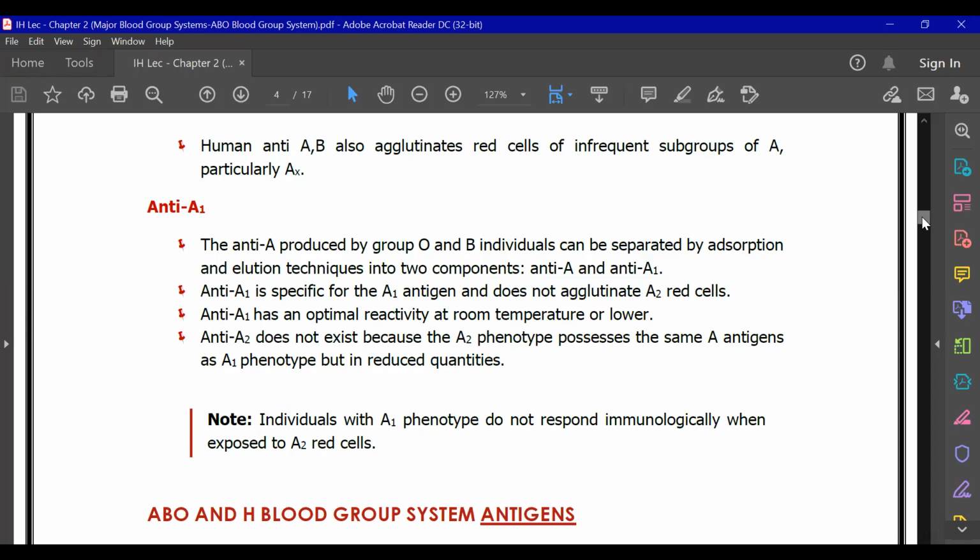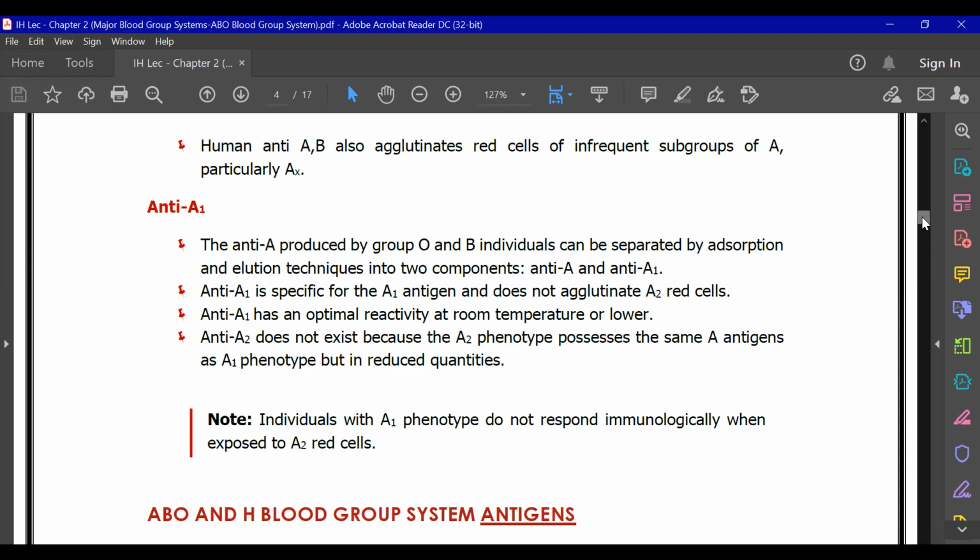And with your blood type B individuals, they have no A antigen on the red cells, so they produce anti-A. This anti-A produced by these individuals can be separated by adsorption and elution techniques into two, your anti-A and your anti-A1.